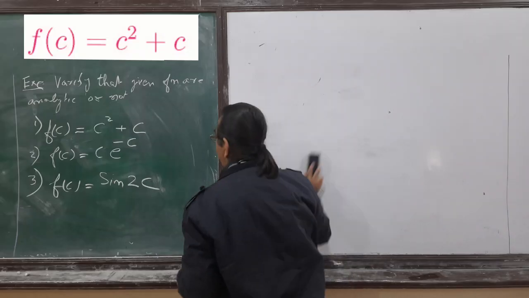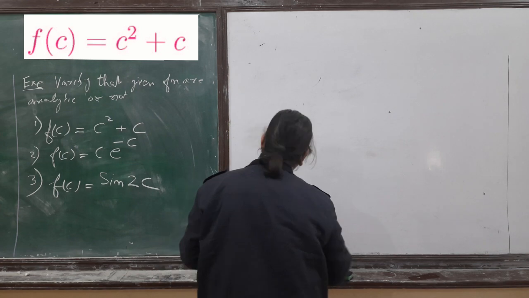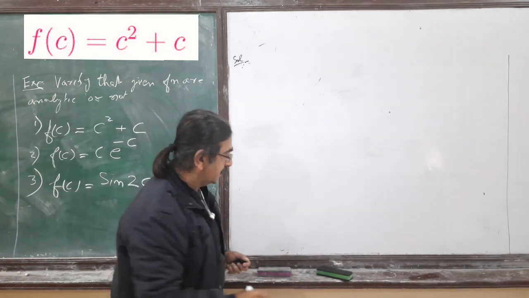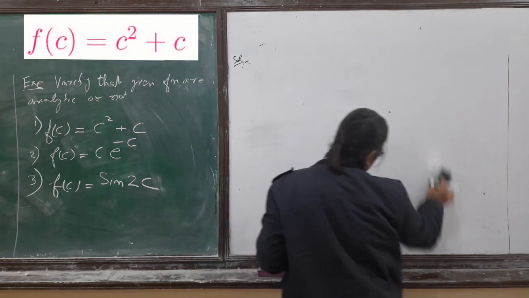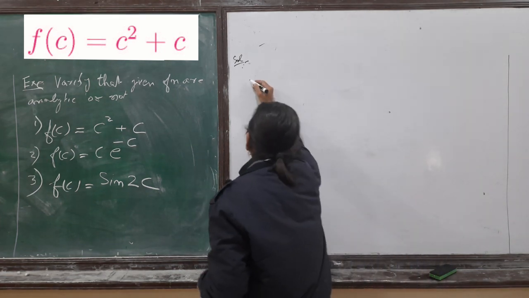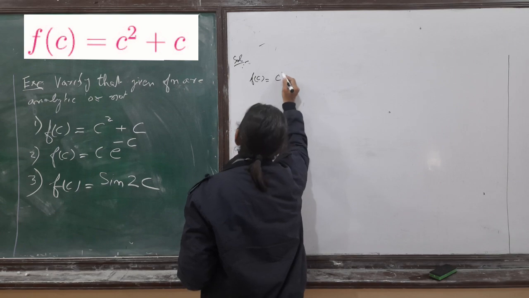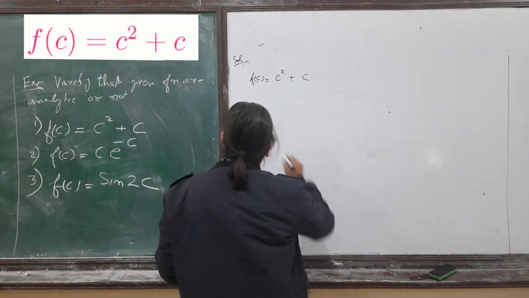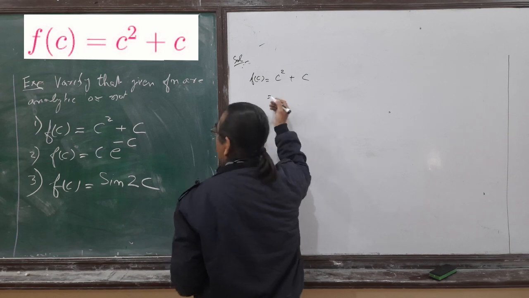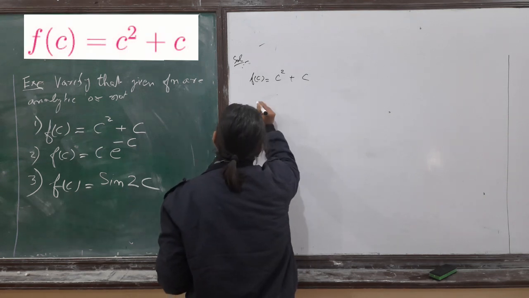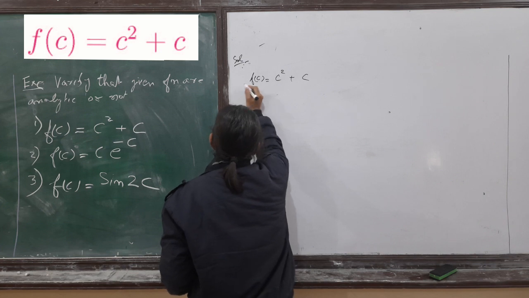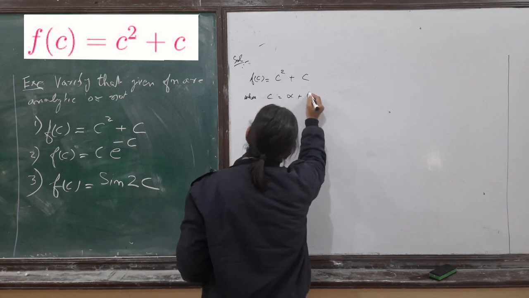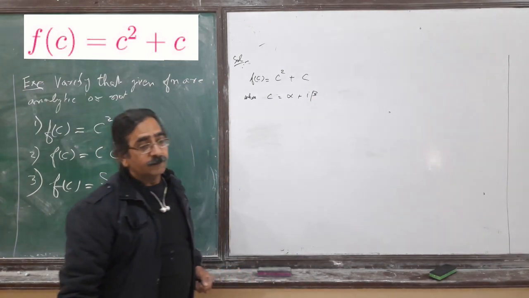So firstly we have to write the first solution. So I start from 1. Okay. f(c) is equal to c square plus c, and c is, as I have already explained, alpha plus iota beta.